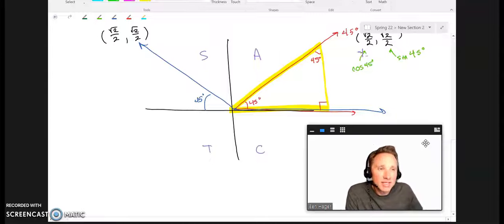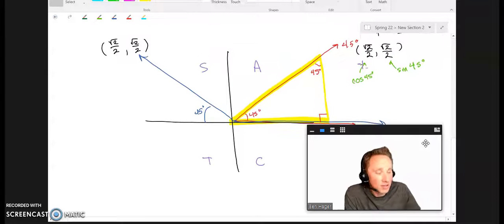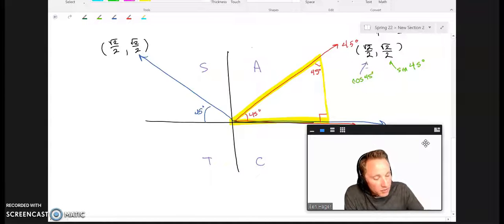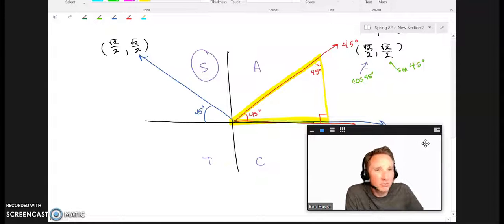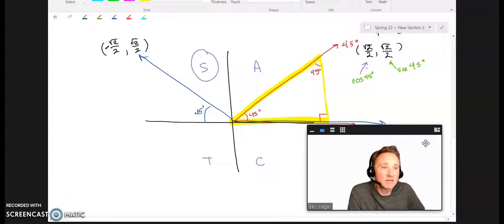And remember, what that's telling us is those letters tell us which trig functions are positive in each quadrant. In quadrant 1, all trig functions are positive. That's why both of those came out positive. In quadrant 2, only the sine should be positive. So that means cosine and tangent should be negative. That means the cosine, the first one, should be negative, and the sine will stay positive.